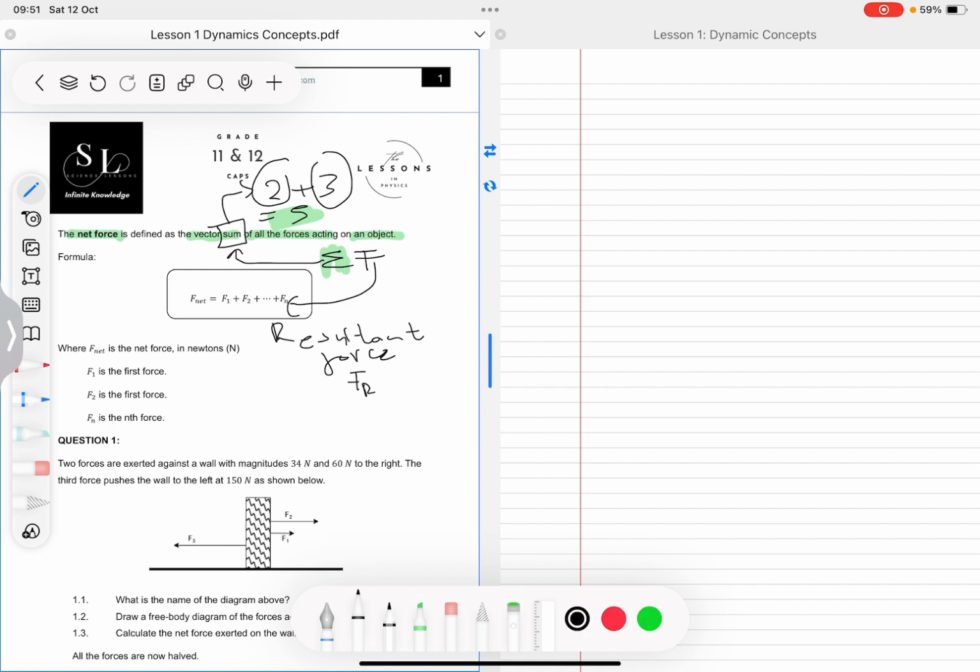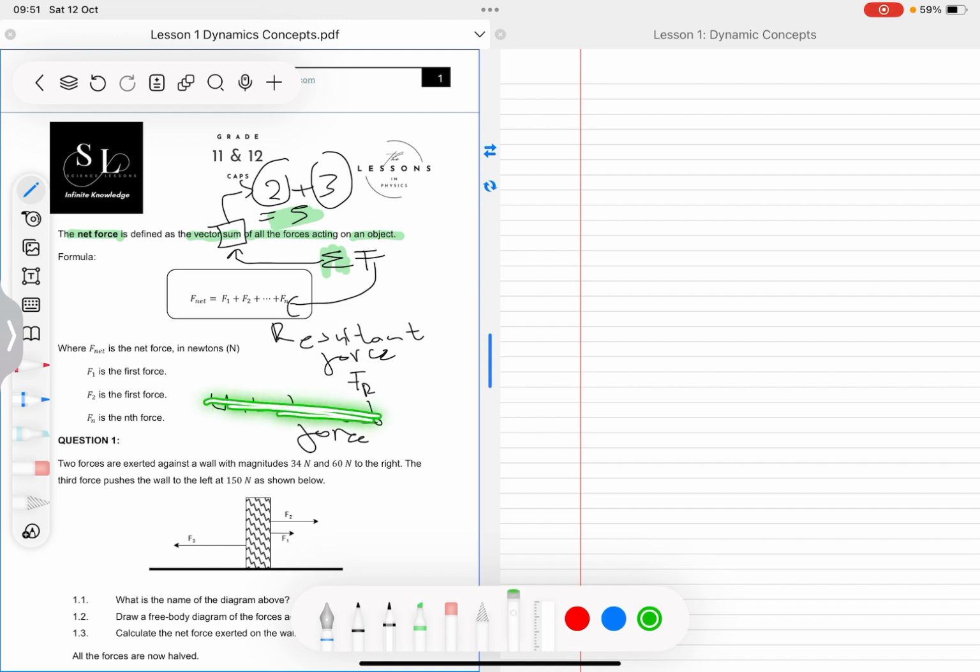Newton, when he was studying these forces, especially when he stated his first law originally back in his day, called this force unbalanced force. I'm just trying to emphasize the point of what we're doing here.